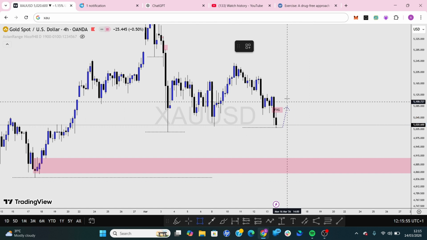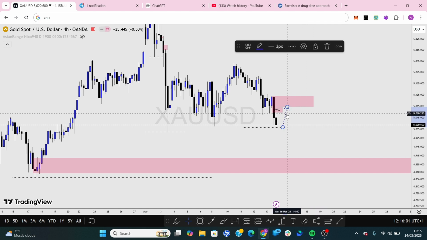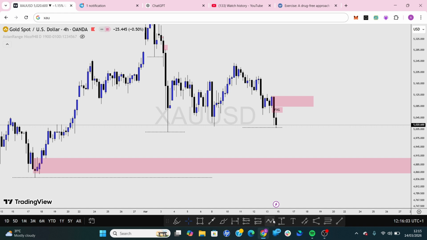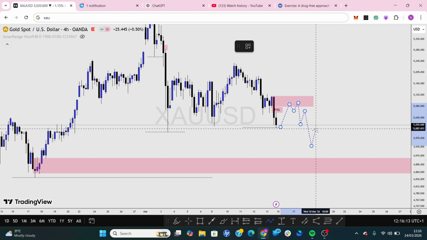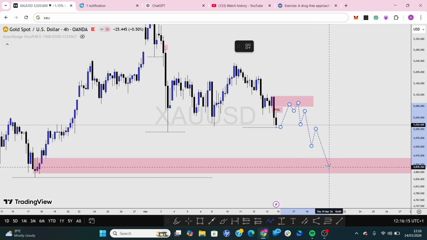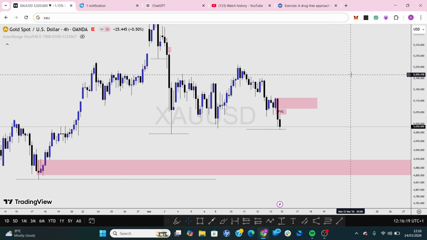We just want price to go to this supply zone, and boom, whatever happens at this level is what we are going to use to find our direction, and hopefully price touches this zone. So guys, that is what we have in the market, and that is how to mark your level.